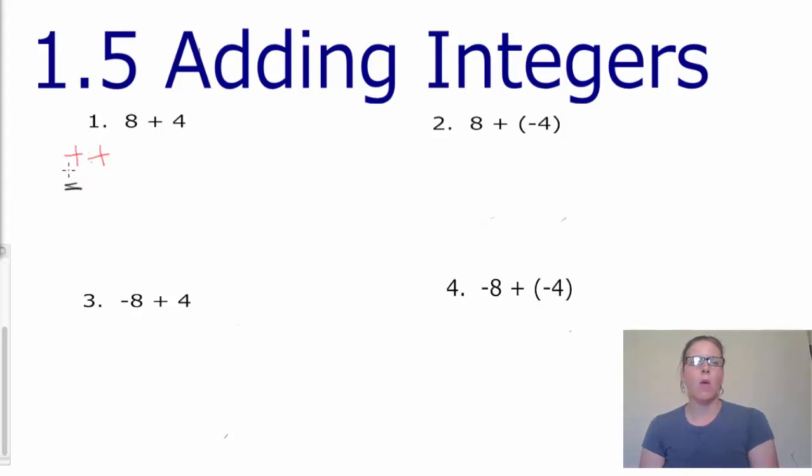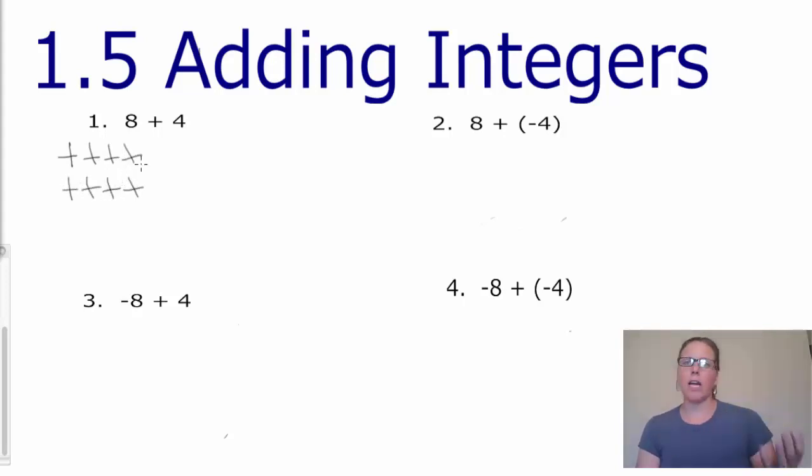Let me erase that real quick. When we start this first problem, number 1, I know everyone here can do number 1. It's 8 plus 4, but let's represent it like we did before. I'm just going to put positives and negatives instead of doing the color, since that'll take too long. So if we have 8 positives, 1, 2, 3, 4, 5, 6, 7, 8.